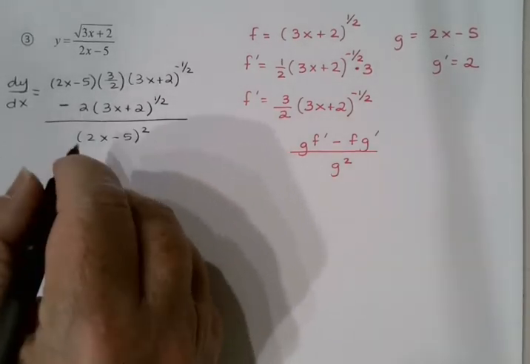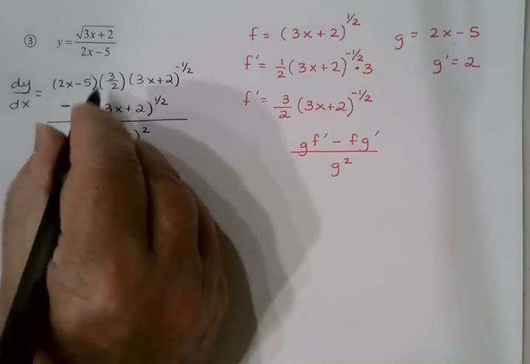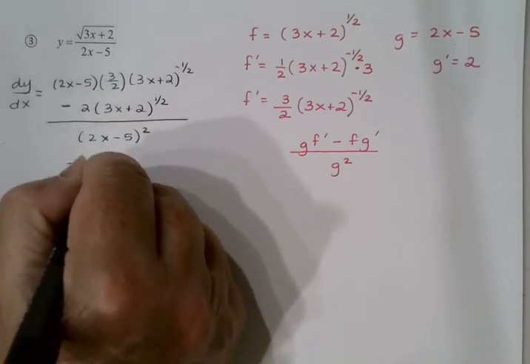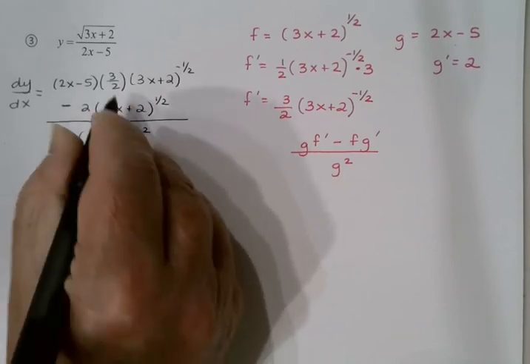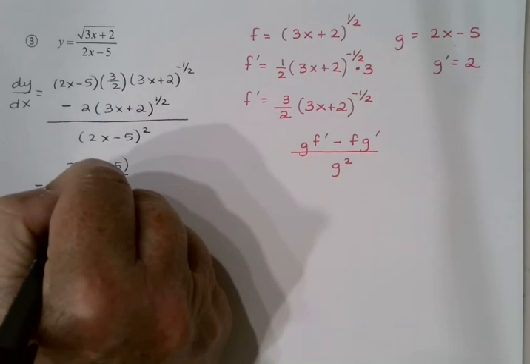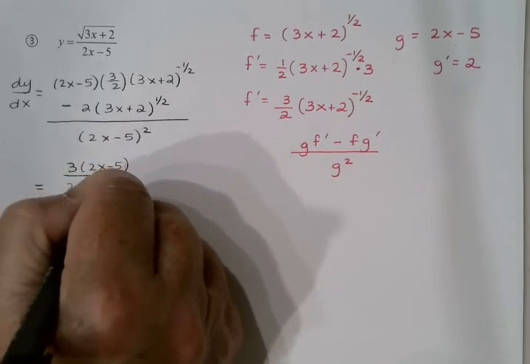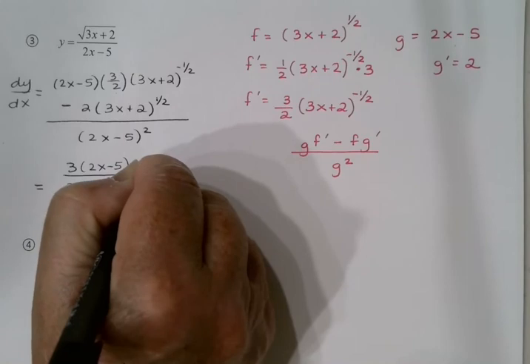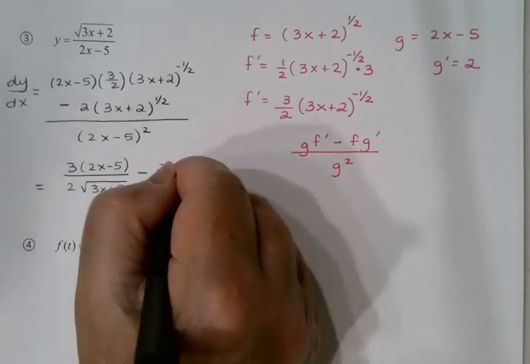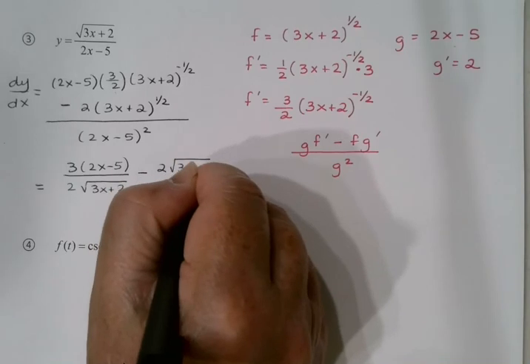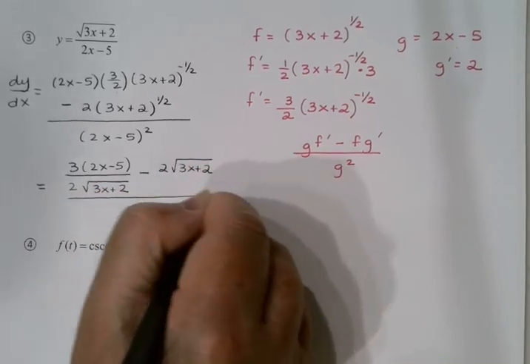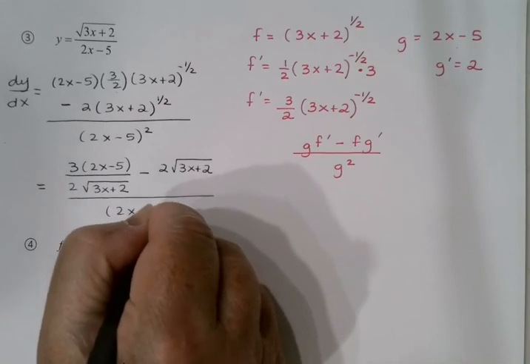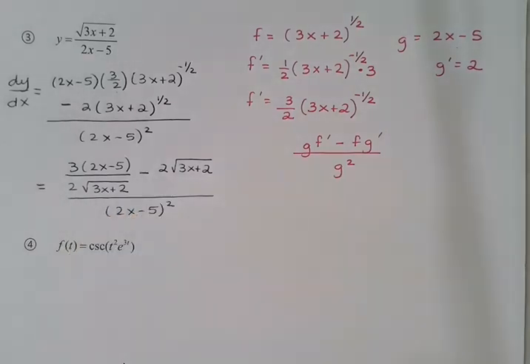So let me rewrite this as 3 times 2x minus 5 over 2 times the square root of 3x plus 2, minus 2 times the square root of 3x plus 2, all over 2x minus 5 squared. I would like to clear out this complex fraction, so I'm going to multiply the top and the bottom by 2 times that radical.